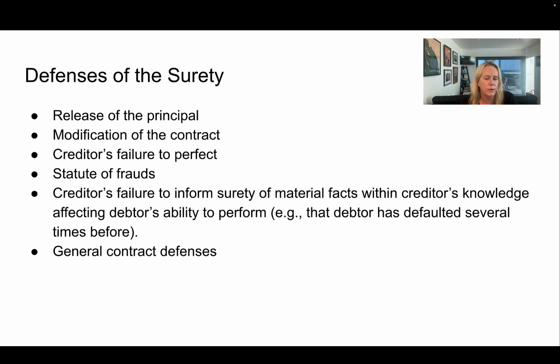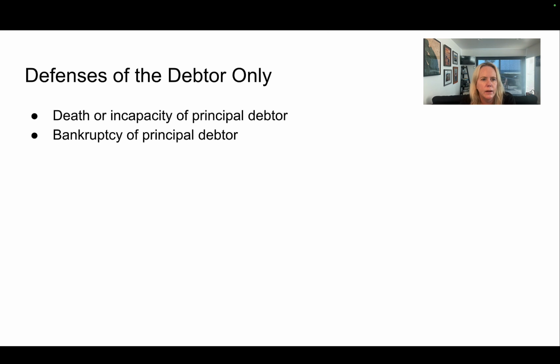The creditor's failure to inform the surety of material facts within the creditor's knowledge affecting the debtor's ability to perform. For example, that the debtor has defaulted several times before and the creditor didn't tell the surety that. And then the surety also has all of the general defenses that folks have when defending themselves from breach of contract.